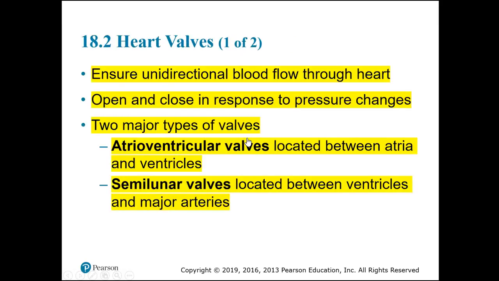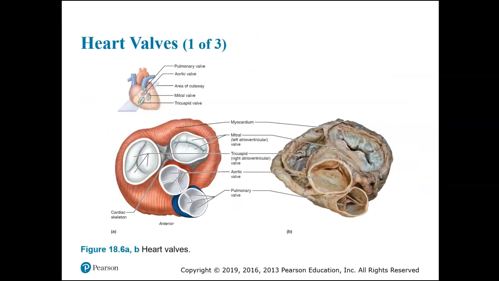Now again, there's another animation, and now we're on to section 18.2, which is on the heart valves. What they do is ensure that blood does not flow back into the atria from the ventricles. There are 2 AV valves and 2 semilunar valves. The AV valves are the tricuspid and bicuspid or mitral valves.